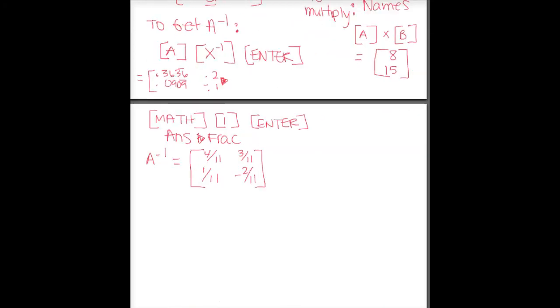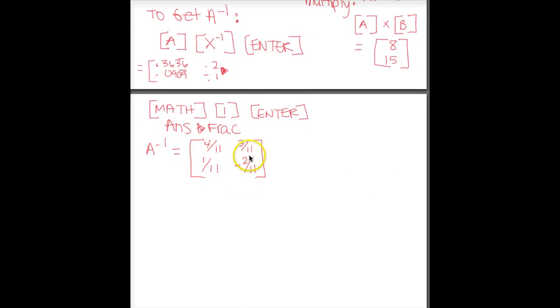So on your calculator screen, you've still got this guy. If you just press times, it should do this. If you've already cleared it by accident, that's okay. You can go back up to this step and retype in, choose matrix A, press that X to the negative first key so that it looks like A inverse, and then press times.